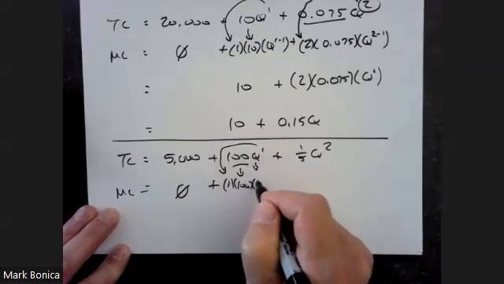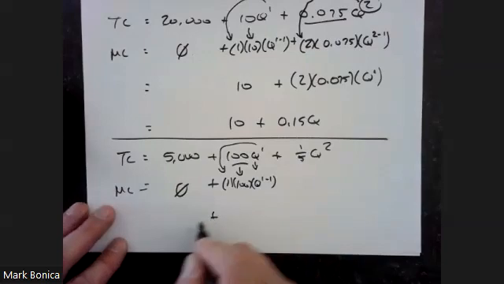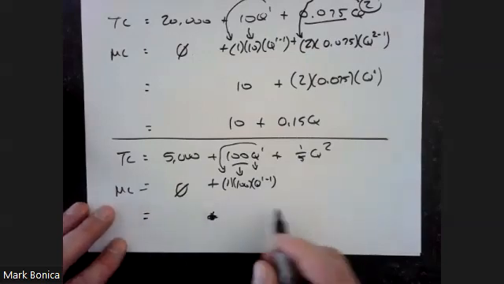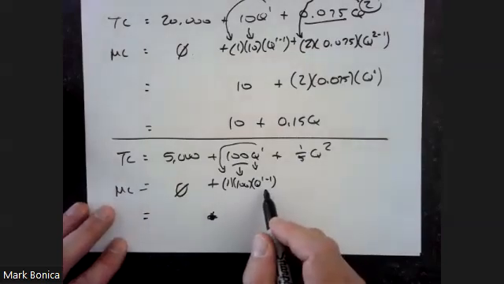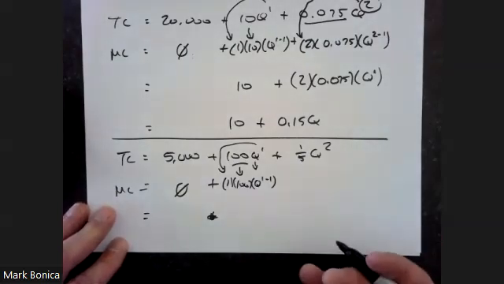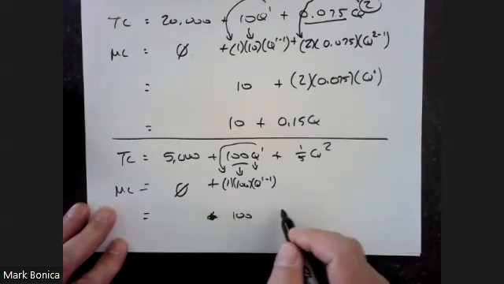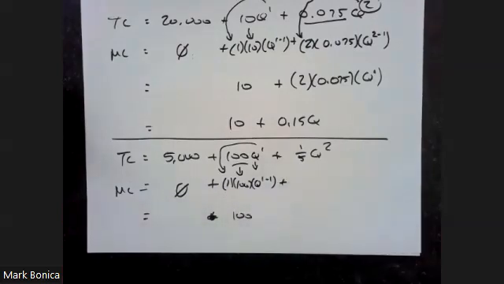Then I bring down the Q to the 1 minus 1, right? 1 times 100, Q to the 1 minus 1 is Q to the 0. Q to the 0 is 1. So 1 times 100 times 1 is 100. Which is what Hannah said.